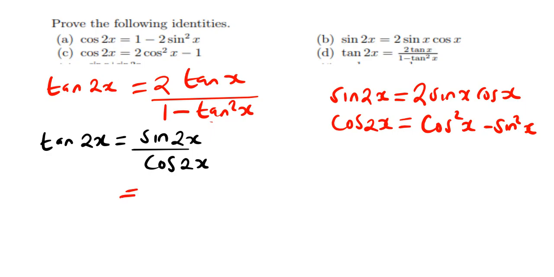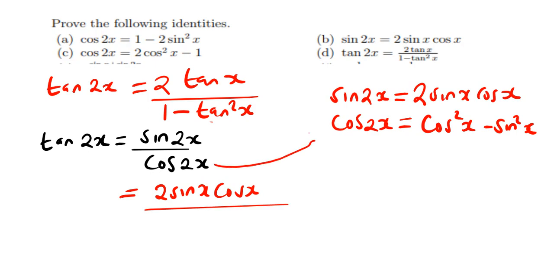So when I replace sine 2x, I'm going to have 2 sine x cos x on top, divided by cos 2x, which I replace with what we just wrote there: cos squared x minus sine squared x.